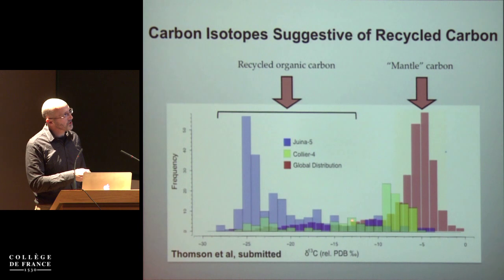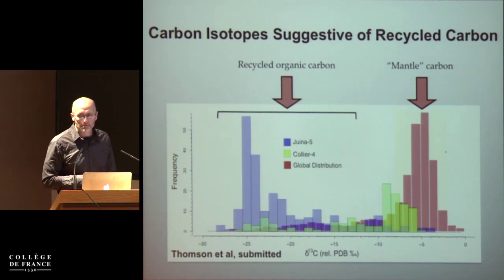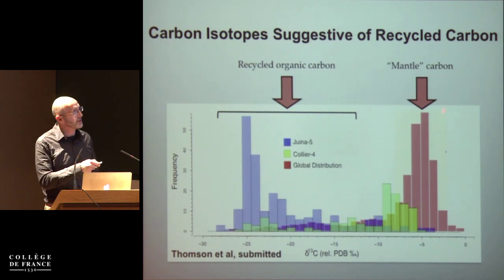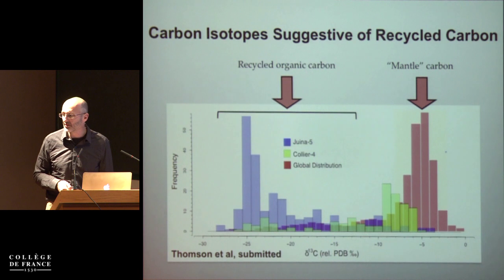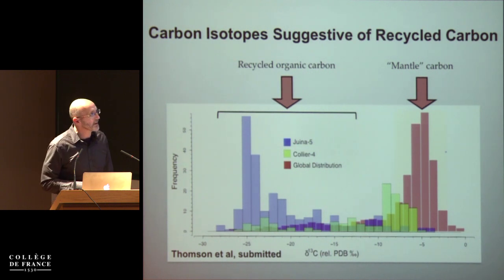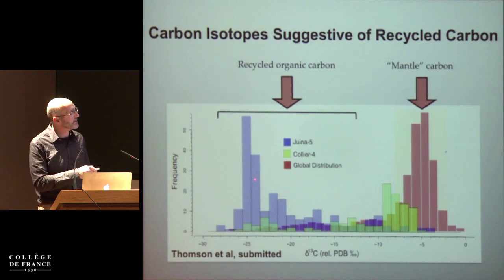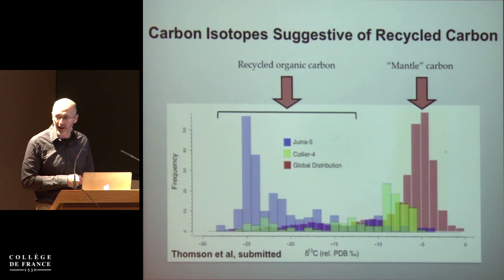The distribution here in red is the global distribution of diamonds. Most of those are lithospheric stones, and you see this very distinct peak at around -5, which is typically called the mantle value. These super deep diamonds or sublithospheric diamonds from Brazil in these two pipes tend to be much lighter, especially from the Juina 5 kimberlite, where we have a big peak over here at around -25.